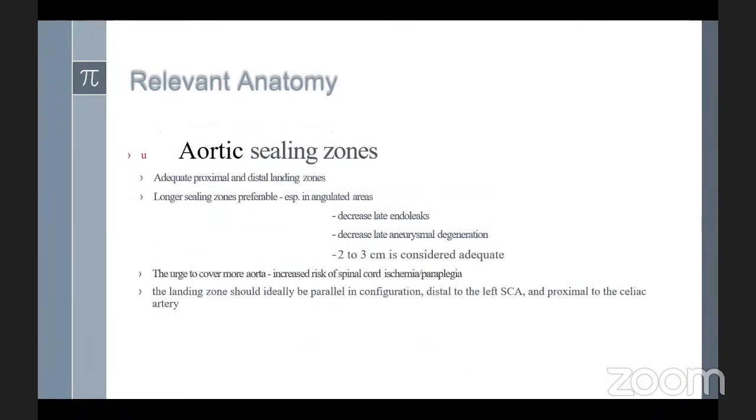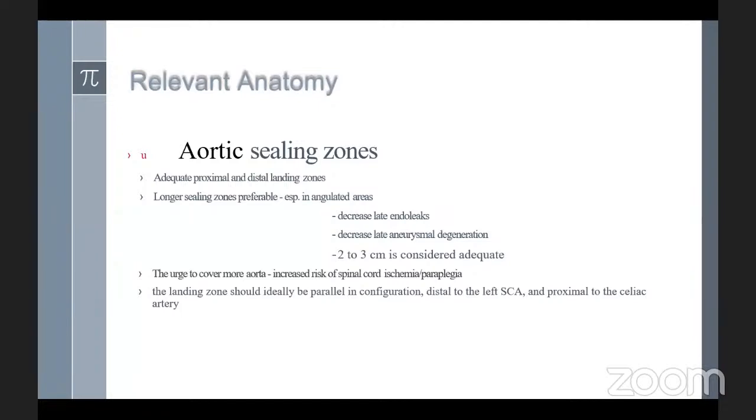And now we'll talk about the aortic sealing zone in the CT. We should have adequate proximal and distal landing zones. The longer the sealing zone is preferable because it will decrease the endoleaks and will decrease the aneurysmal degeneration. So usually a 2 to 3 centimeter landing zone is preferable for the stent.